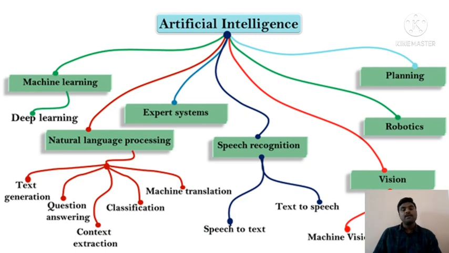Okay, now again machine learning has a subfield which is known as deep learning. So deep learning is a subset of machine learning, and deep learning is inspired by the structure of human brain.